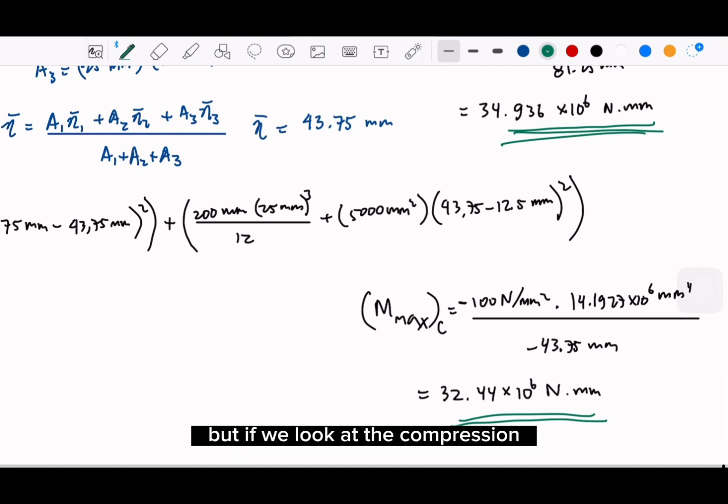But if we look at the compression, it's not safe if we take more than 32. So the safest one is we can say that, okay, this can be applied to this 32. If more than that, we'll be very trouble.